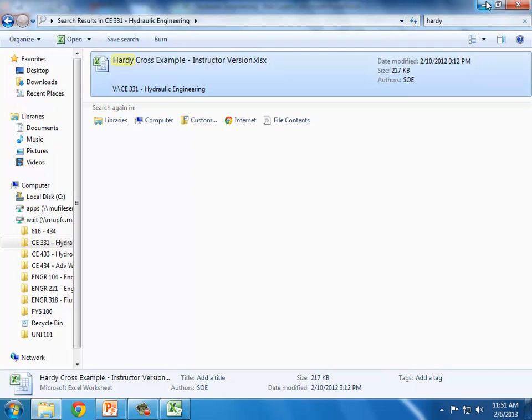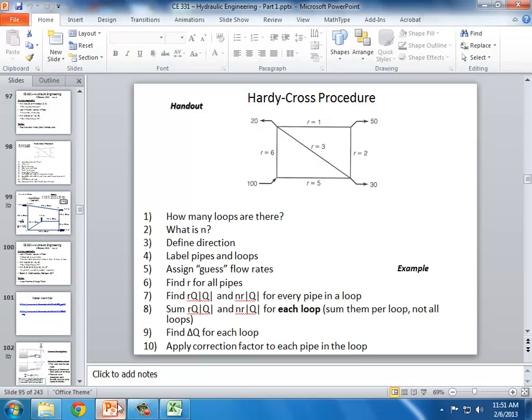But there is one key step, and that is that if there is a pipe that is in a common loop, this pipe right here that's in both of them, the flow direction when I'm in loop 1 is a positive flow direction. But when I'm in loop 2, it's a negative flow direction because I'm going against what loop 2 sees as the clockwise direction. So we'll get to that next time.